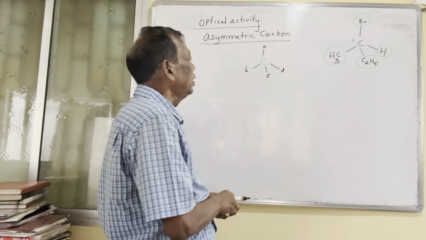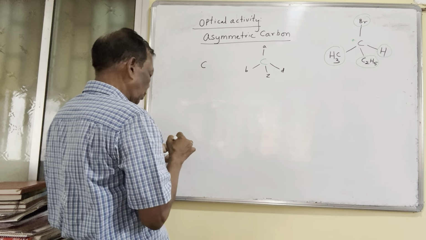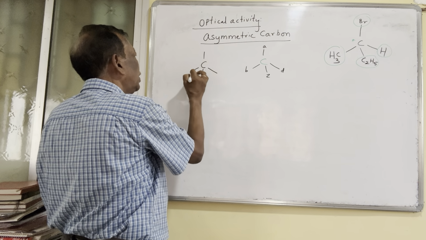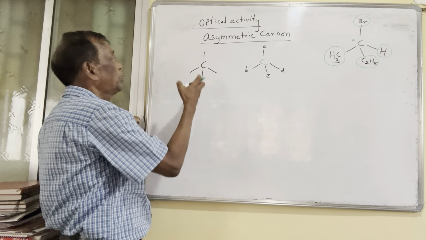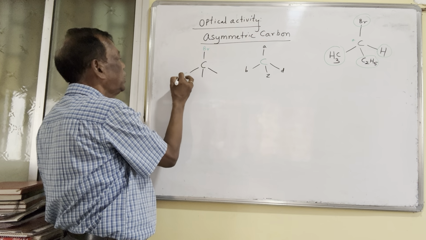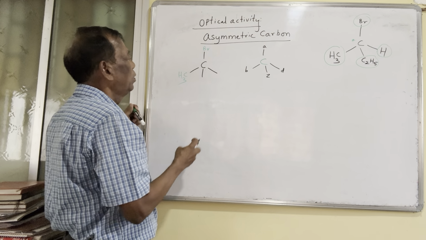Now here one more thing, see, suppose I have a compound which is like this, carbon with 4 bonds, and now you'll understand very clearly. Suppose in this group here I have Br, bromine. This group I have say CH3, okay, let me put a different color so that you can know.